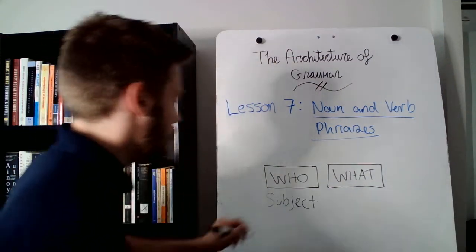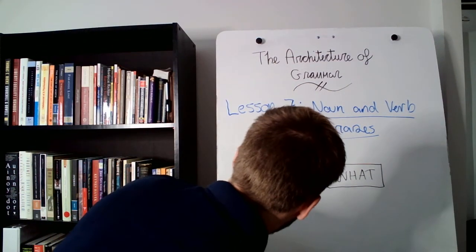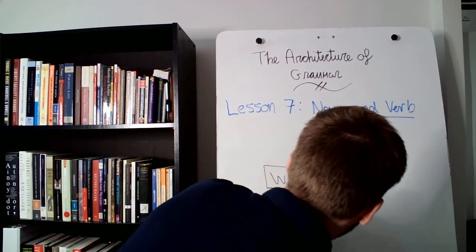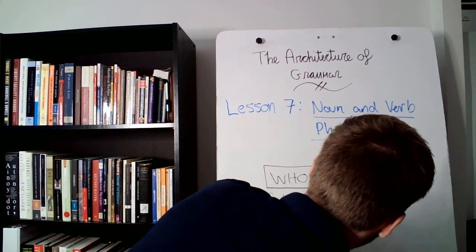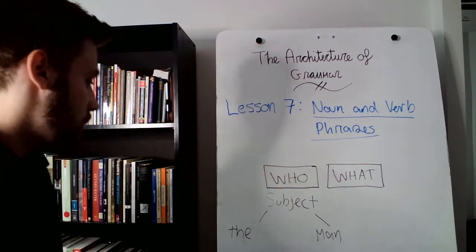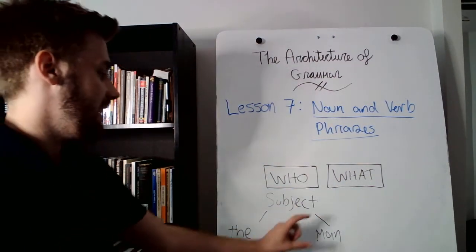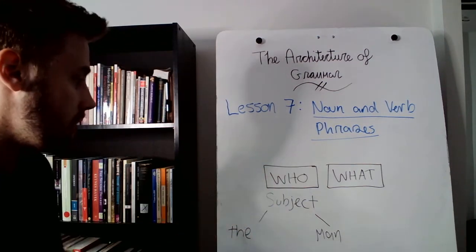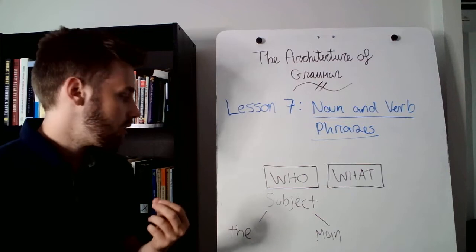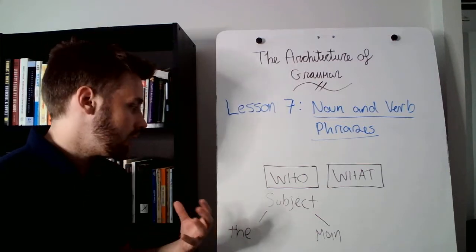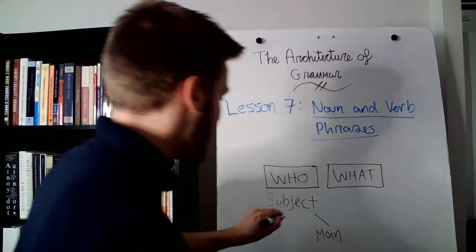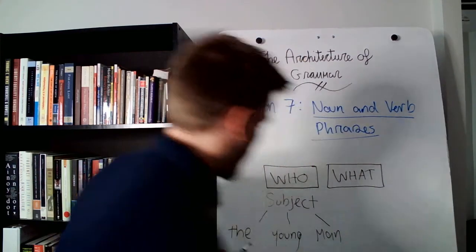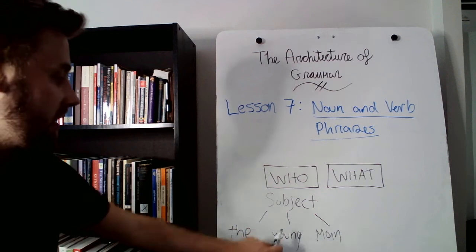So, for example, we can have the man. Here we have a determiner and a noun. However, in a noun phrase, we can have other words that give more information about the subject. So we could have the young man. So we have an adjective here.